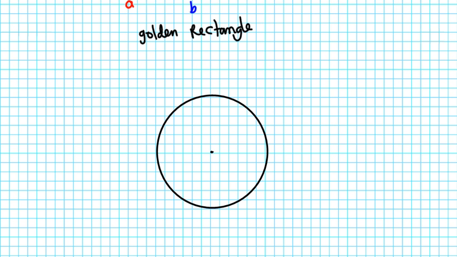If the circle is divided into two arcs in a special proportion, let's say this is B and this is A, and the ratio of the circumference of the whole circle, A plus B, to the longer side is equal to the ratio of the longer side to the shorter side, we have a golden ratio here also.